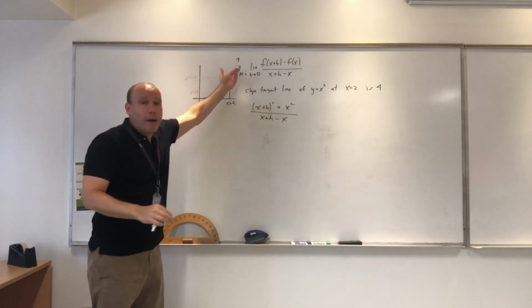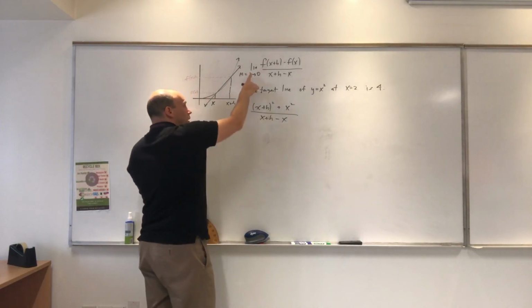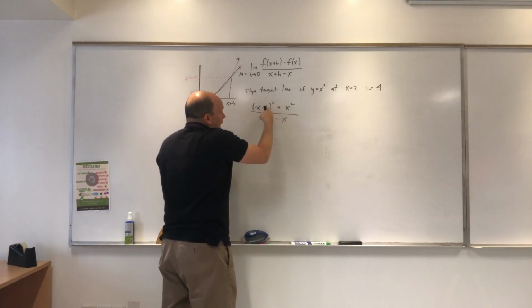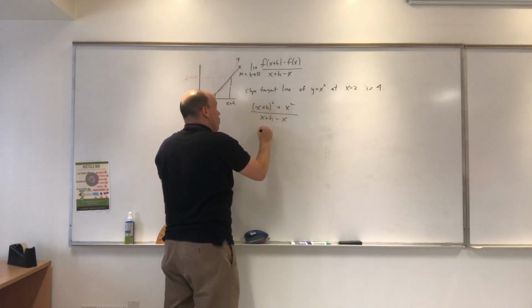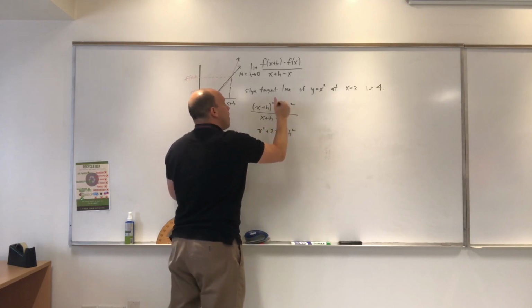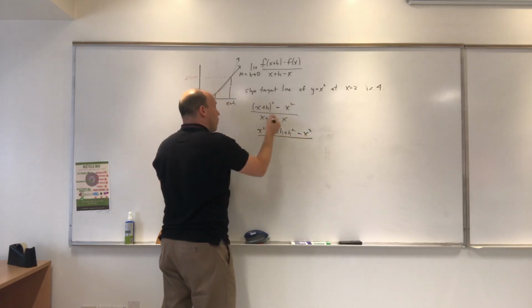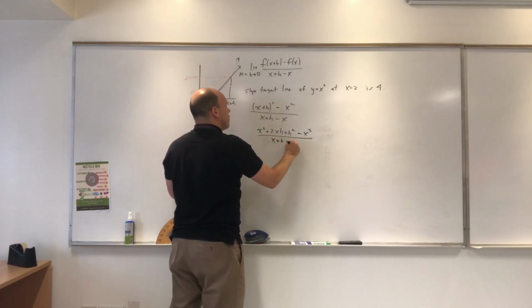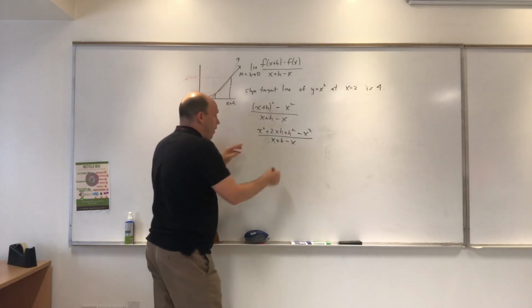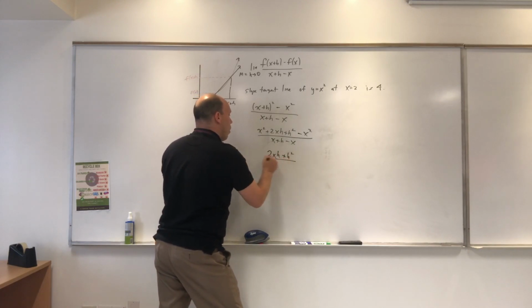That's what was going on here. I'm going to leave the limit off for a second. Let's expand this out. We know what x plus h squared is: it's x squared plus 2xh plus h squared, minus x squared over x plus h minus x. This simplifies to 2xh plus h squared over h.